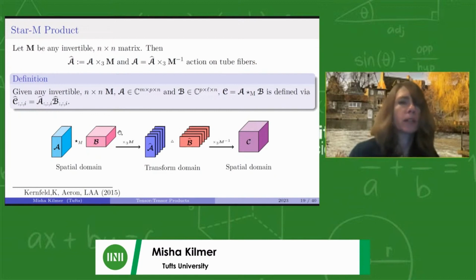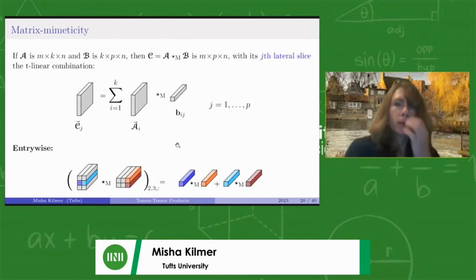Okay? And if I wanted to implement this in MATLAB, this is how I could do it just in terms of indexing. What this means is it is really matrix mimetic.